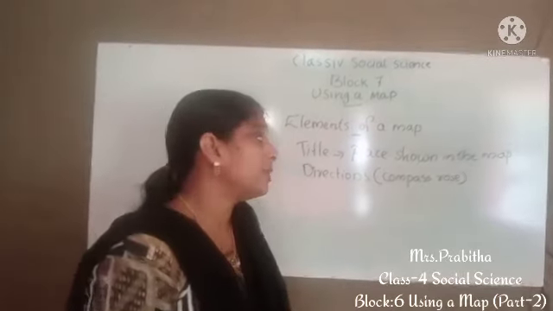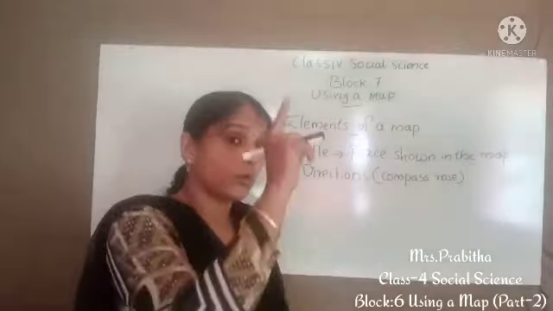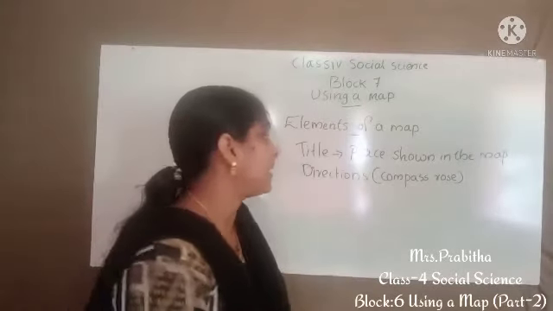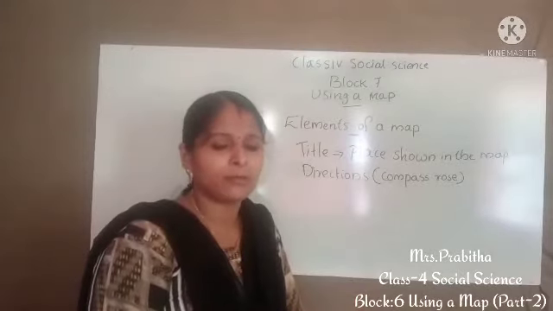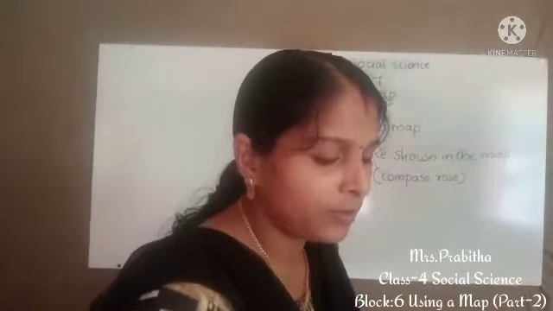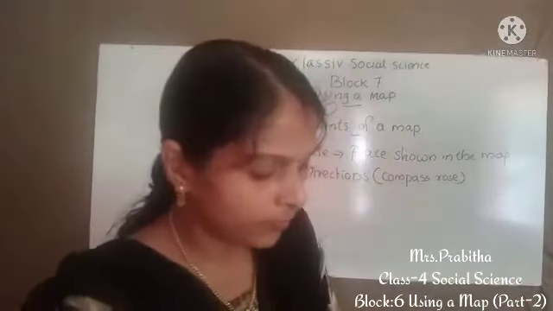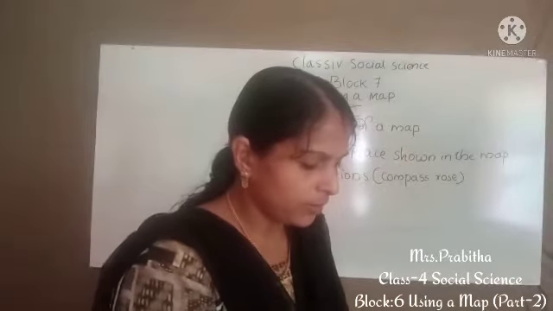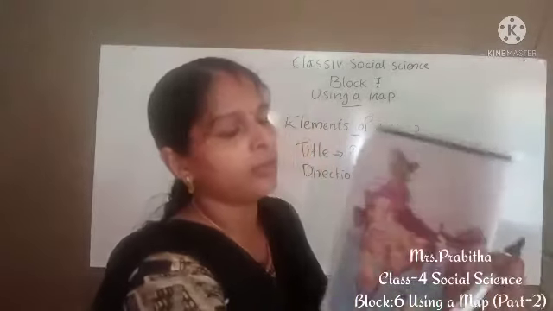It has a needle, and that needle is always pointing towards the north. So directions are another important element of a map. When we look at a map, every map will show the direction, and we can easily find out the location.